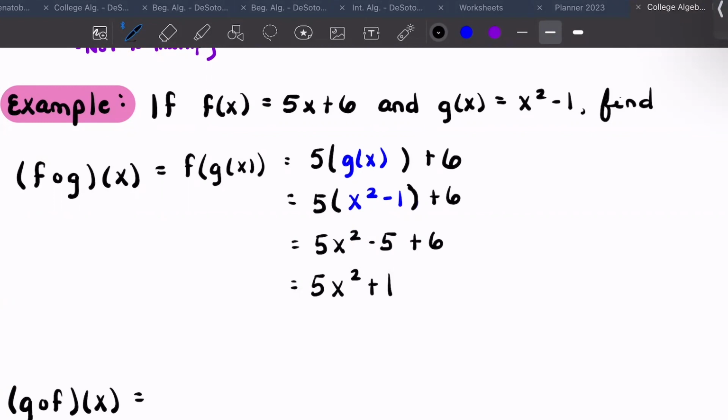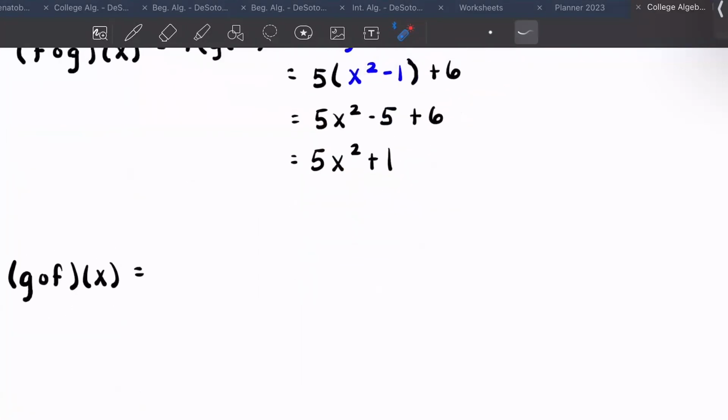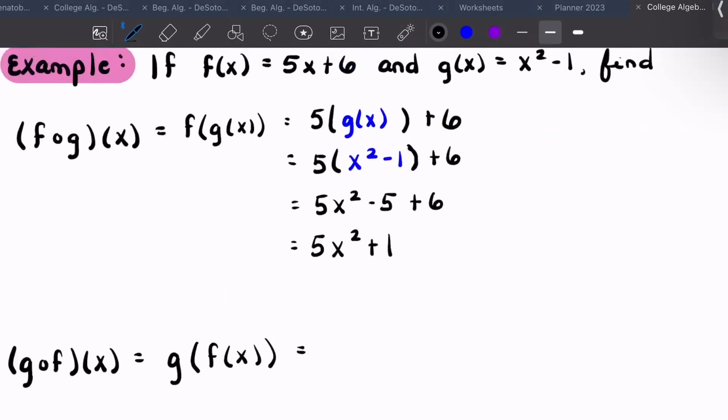So whatever is on the outside is your shell. You're going to leave those parentheses blank where your x's were, and then you'll plug in whatever your other function was. So here we have g of f of x. Now we have g on the outside and f of x on the inside. So now g of x will be your shell.